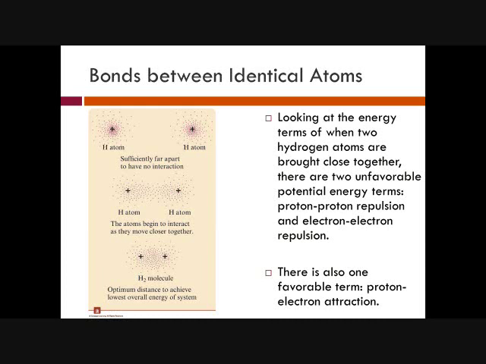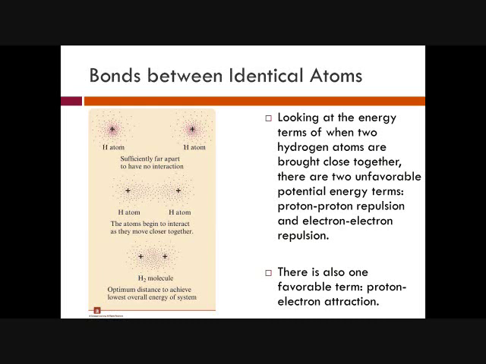So remember, we know opposites attract, the same things repel each other. If you have electrons coming towards electrons, they're not going to interact well. Or if you have the protons from the nucleus coming with the protons of the other nucleus, it's not going to interact well. So in order for it to be favorable, you have to have the electrons of one being attracted to the protons of the other.